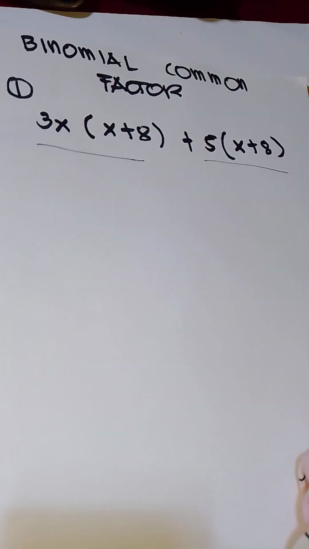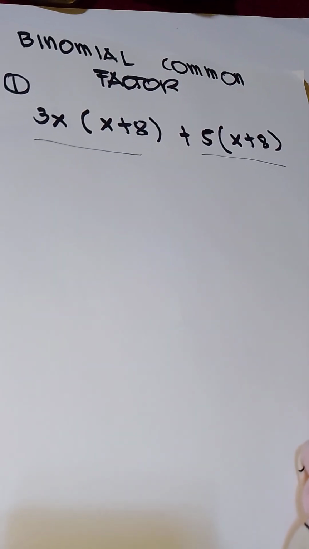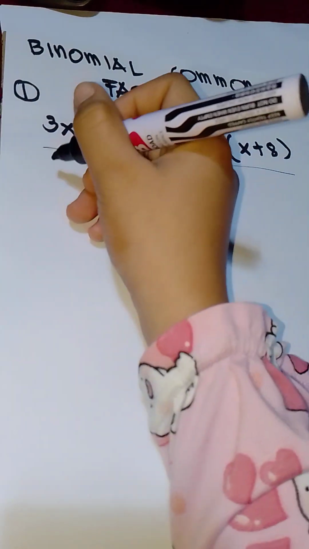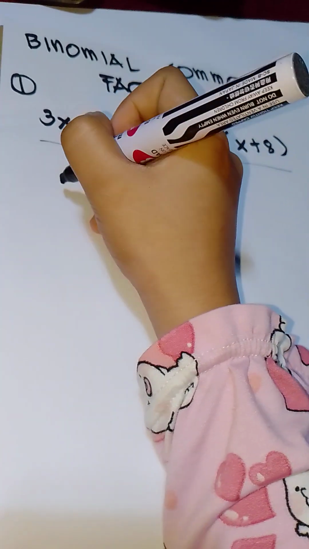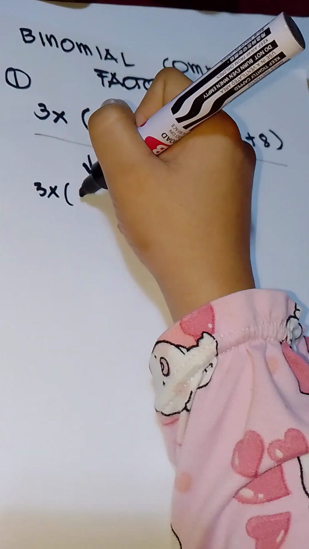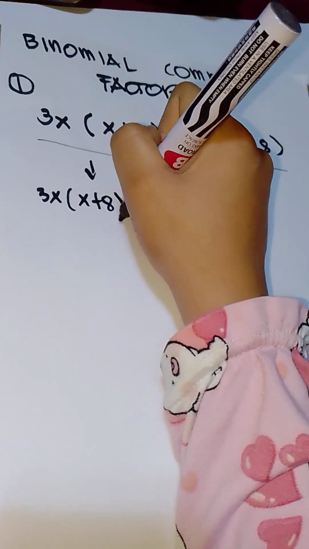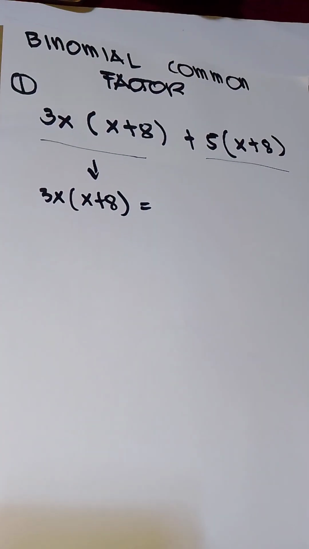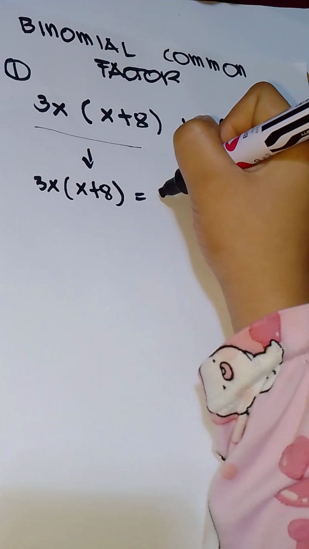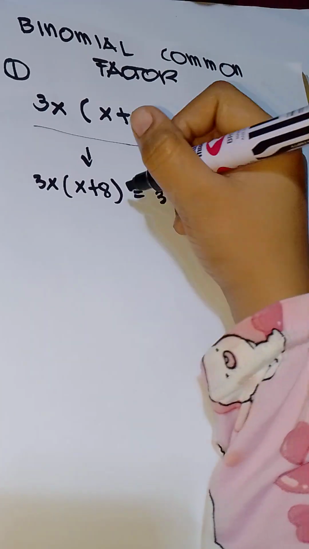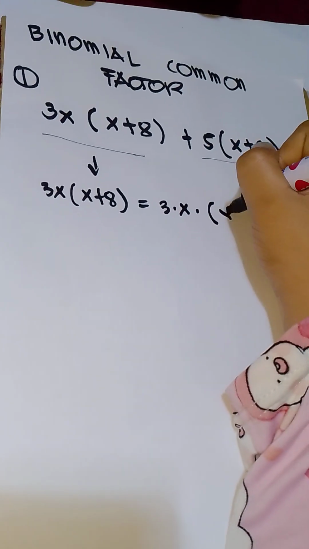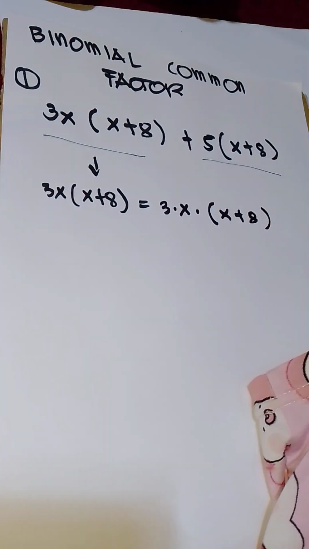Following what we have done in the monomial common factor, we have 3x times x plus 8. So its prime factors are 3 times x times x plus 8.